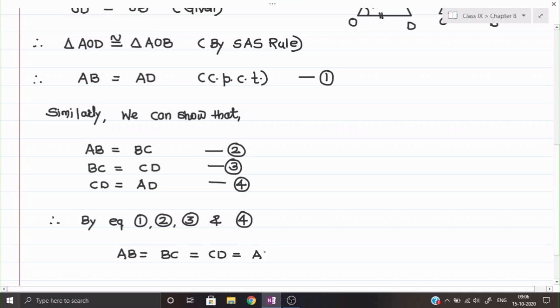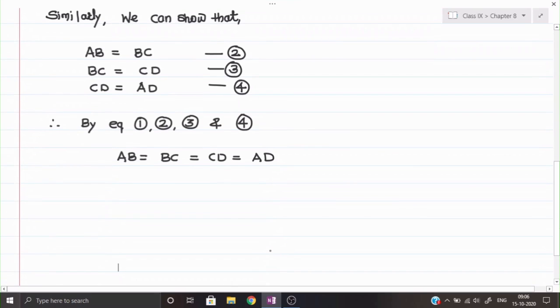And if all four sides are equal, then the given figure is a rhombus. So therefore ABCD is a rhombus. Okay, and that was only required to prove in the question.